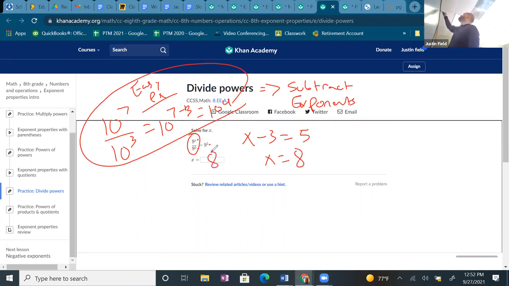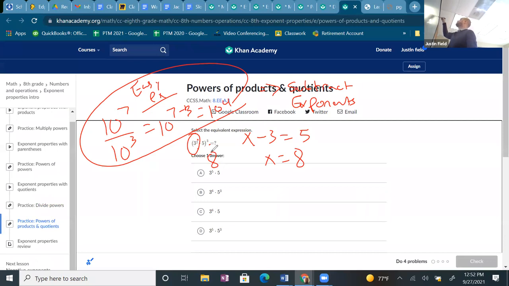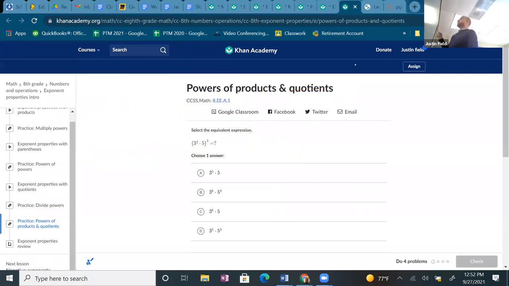All right, last question. Equivalent expressions. Now we've got to use everything we just talked about. 3 squared times 5, and I'm going to put the first power there, and then to the 3rd. Now I'm going to simplify it.